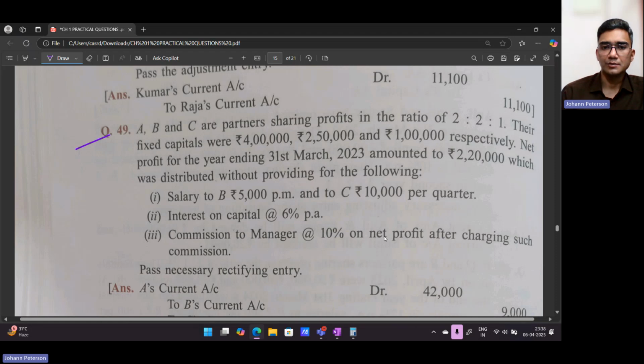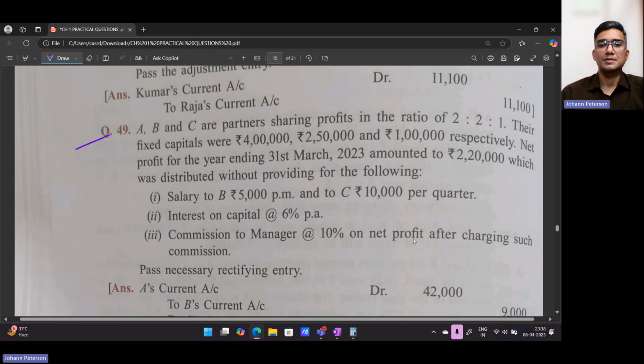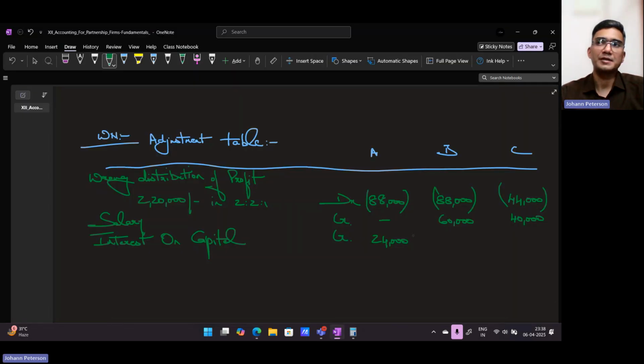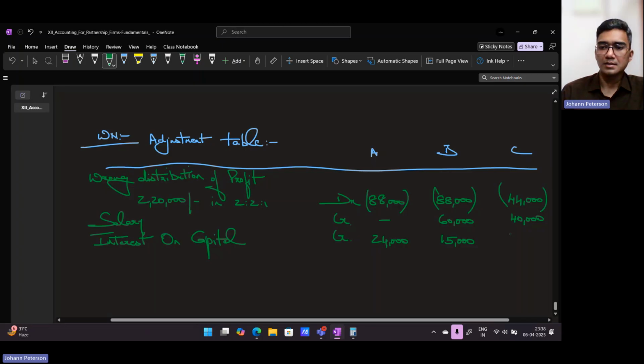This will be 6 4s are 24. 6% on 250, that is 15,000. Then 6% on 1 lakh is 6,000.